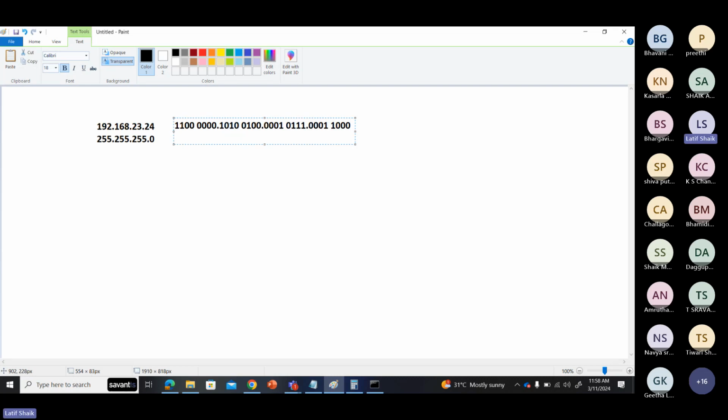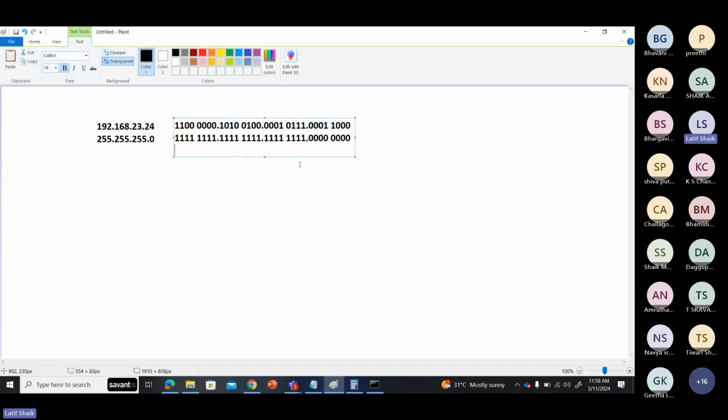Okay, this is the binary translation of the first IP address. The subnet mask is 255. The binary number for 255 is eight ones. So I'm writing eight ones.